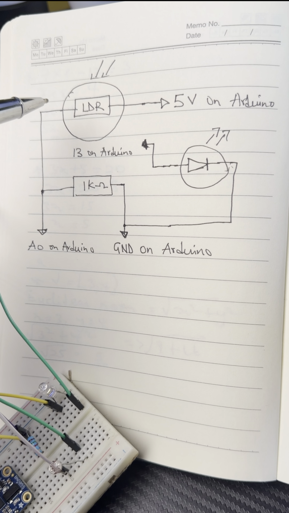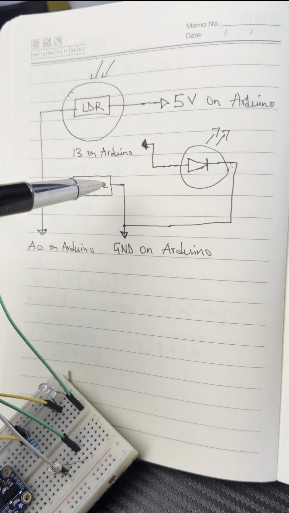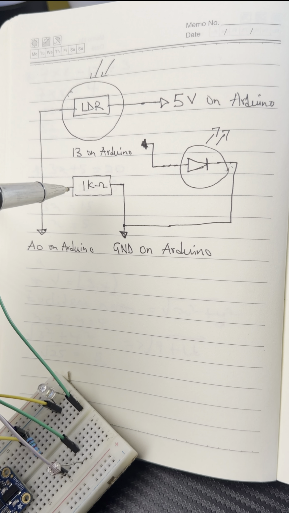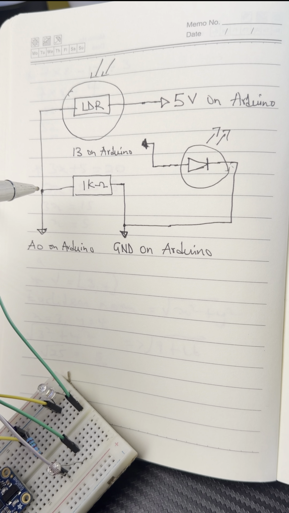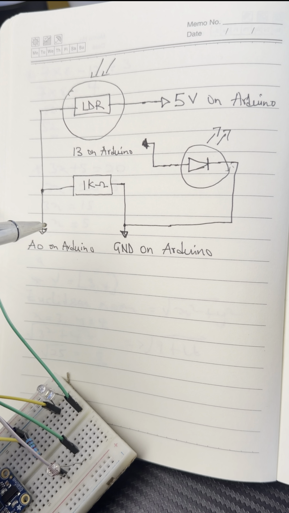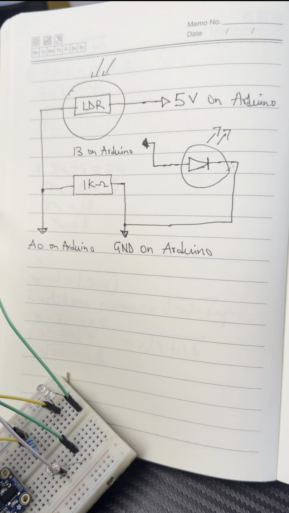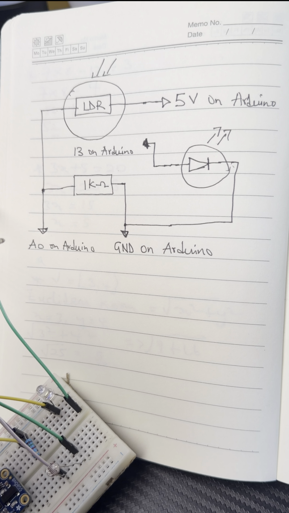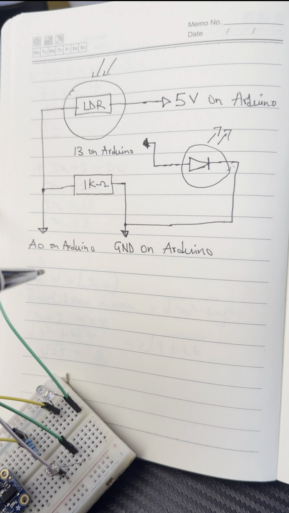To the other pin of the LDR, we connect a resistor, and this resistor we connect to ground. Wherever the resistor meets the second pin of the LDR, we connect that to A0, which is our signal pin. A0 is analog pin 0 on the Arduino board, and that's where we'll be reading our analog data in order to turn the LED on or off.